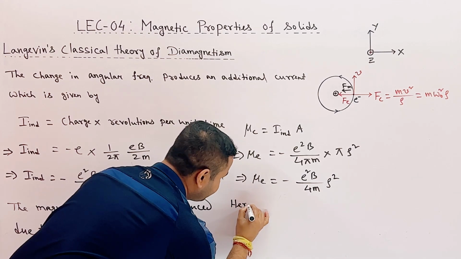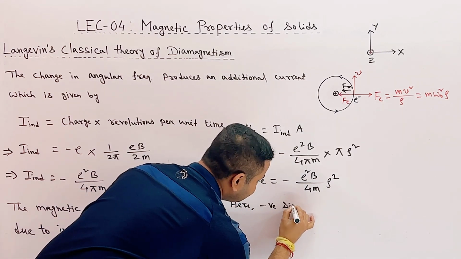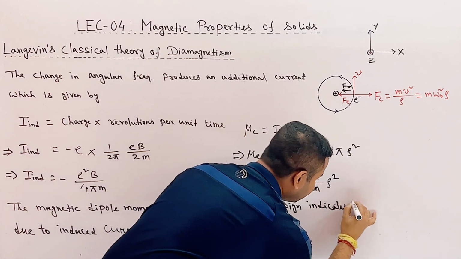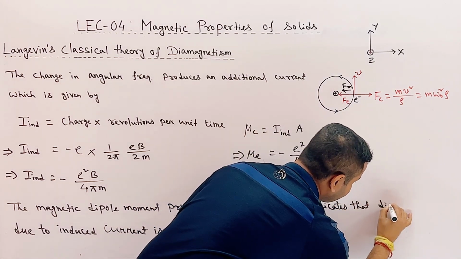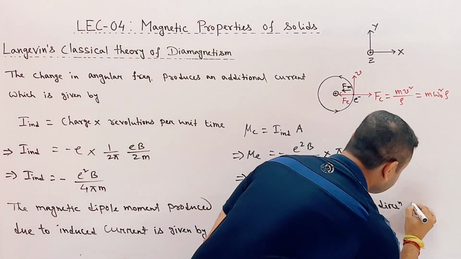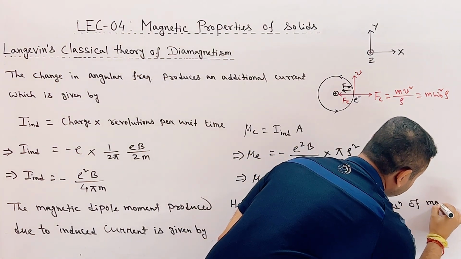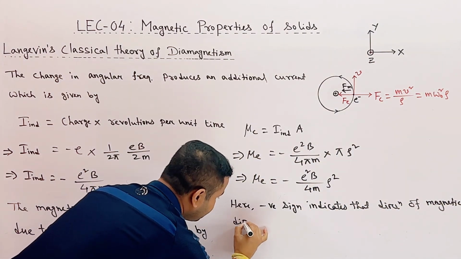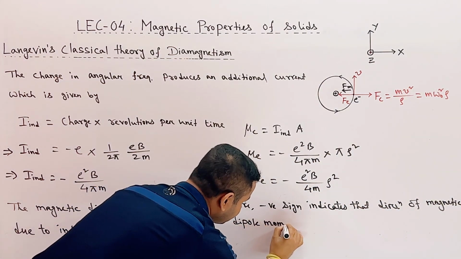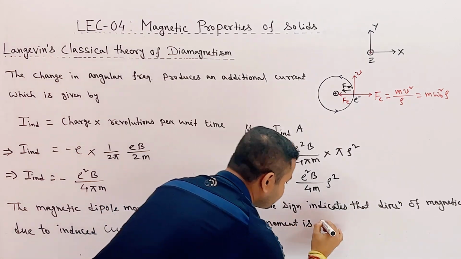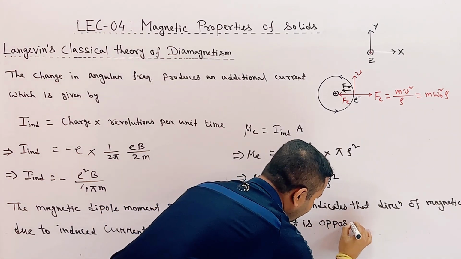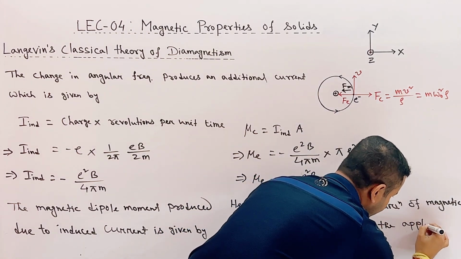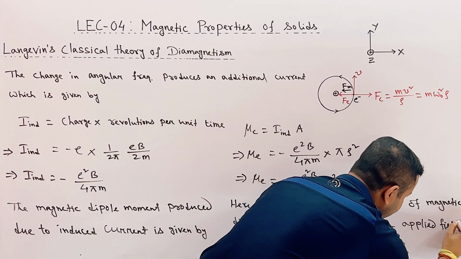Here negative sign indicates that direction of magnetic dipole moment is opposite to the applied field. ठीक है?